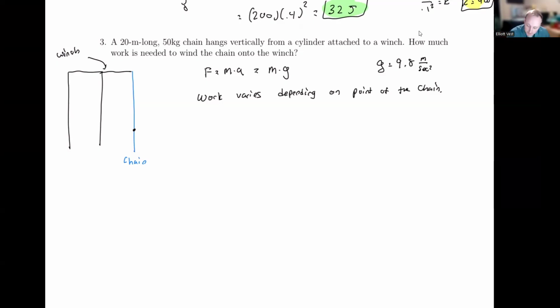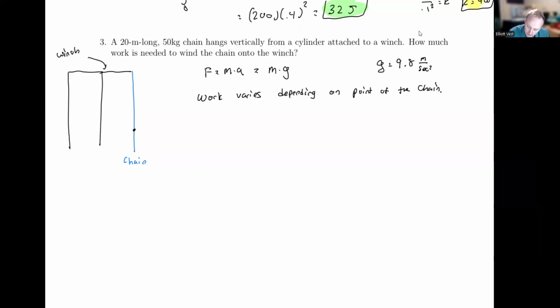The strategy could be to look at all of these points separately and individually look at how much work it is to move that point up all the way with the winch, and the point below it all the way up with the winch, and so on and so forth. And that looks a lot like creating an integral, having a whole bunch of separate pieces of work, adding it all together, combining it through an infinite fashion to create an integral.